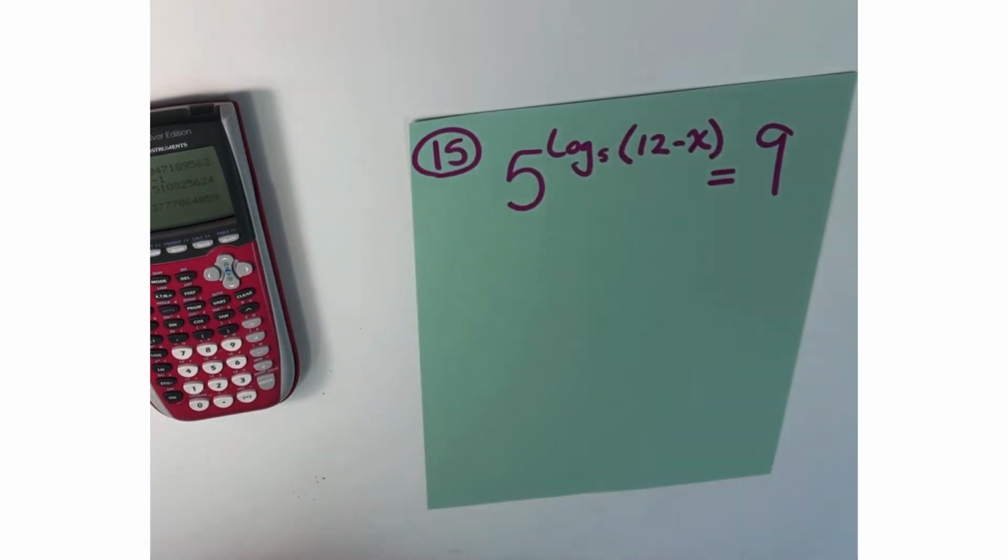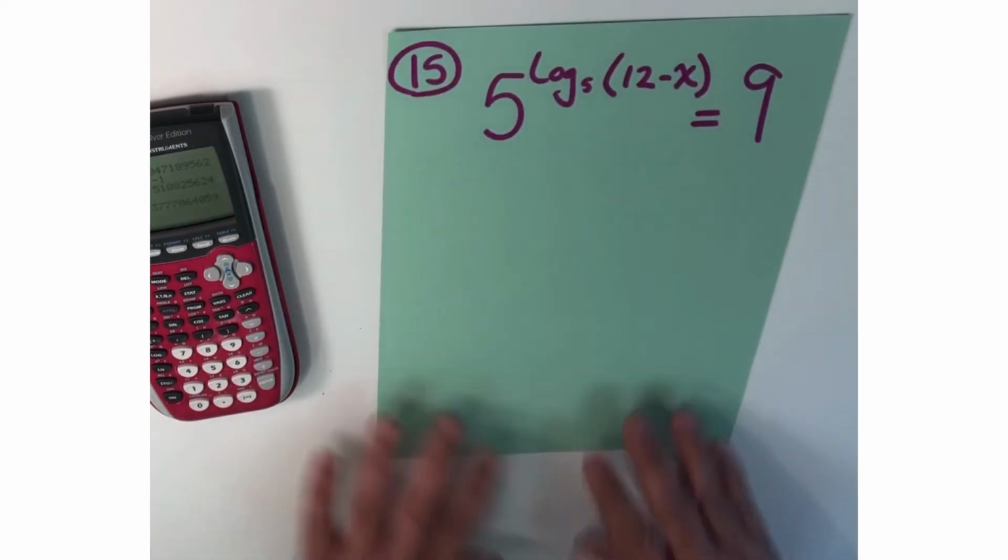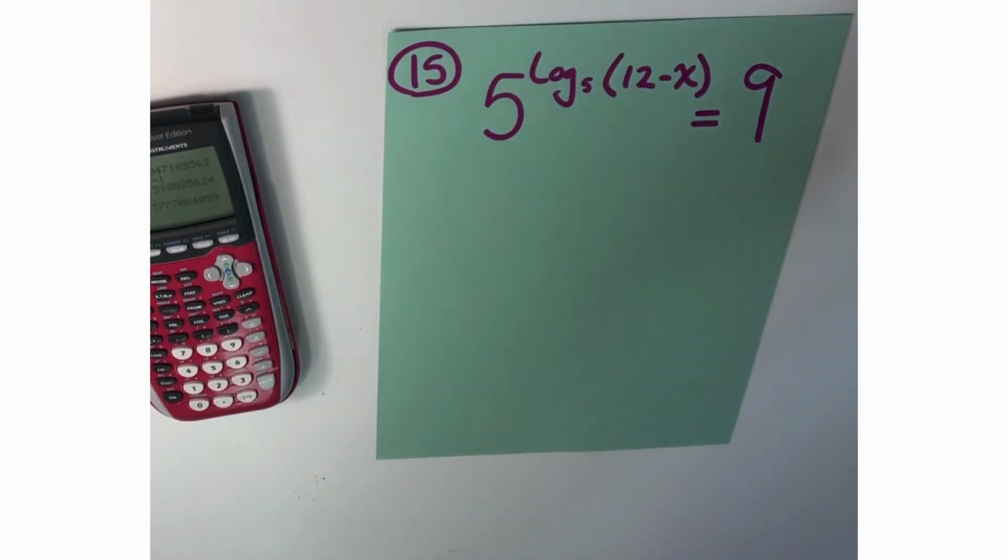All right, so now we're going to move on to logs and log equations. And so here is the first of logs. What we went over last week were the properties of logs, which basically stated that whenever you have a common base of a log and the base of the exponential, they cancel out.